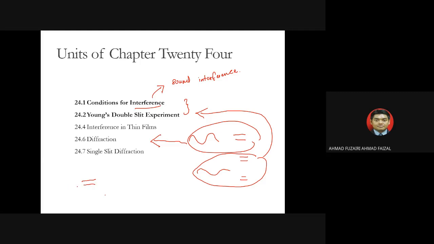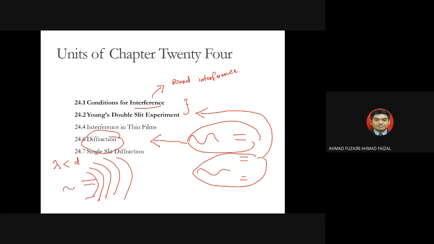Bila wave lalu slit, dia akan diffract, dia akan berlaku pembelauan, which in Malay is pembelauan. It will spread out more, especially when the wavelength is greater than the width of the slit. Sebenarnya itu sifat dia. But kalau dalam single slit, it will only occur diffraction.